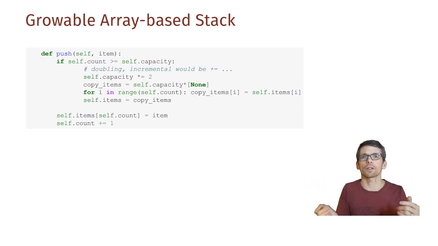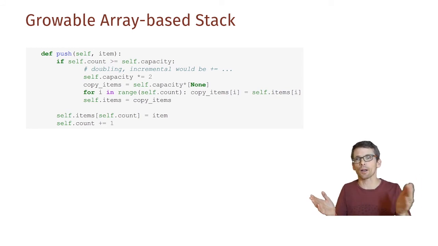And then we have a loop which simply copies all the elements from the old array to the new array. And then we make the new array the array that we're going to store with our stack. It's that easy.